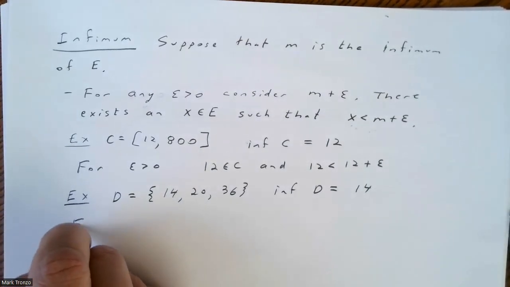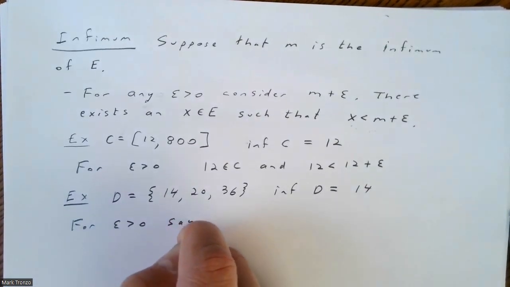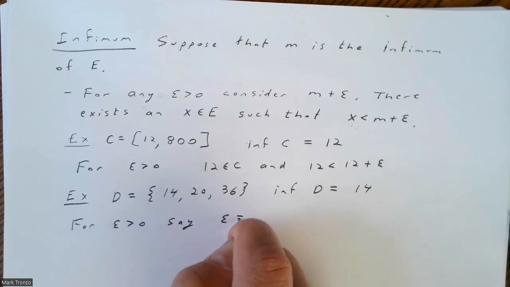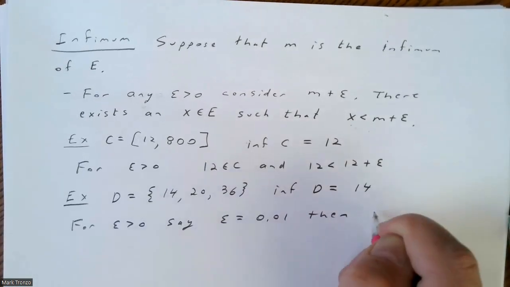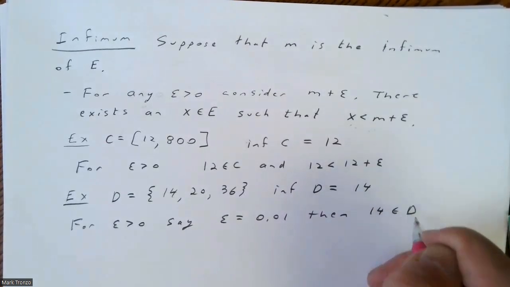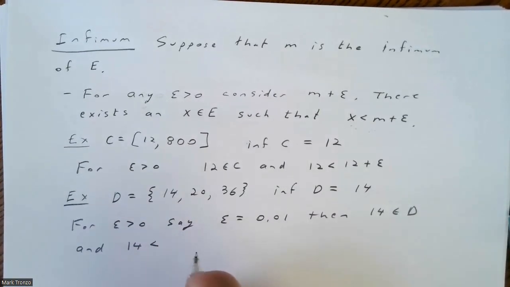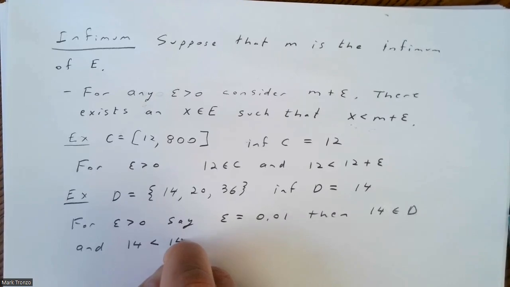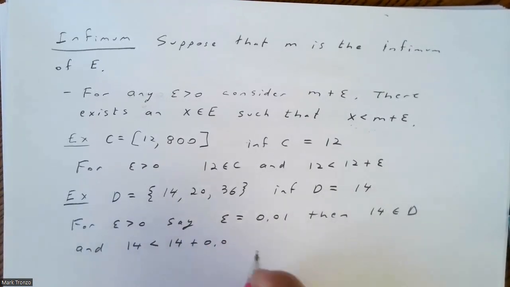And then for epsilon greater than 0, say epsilon is 0.01, then 14 is in the set D, and 14 is less than 14 plus 0.01.